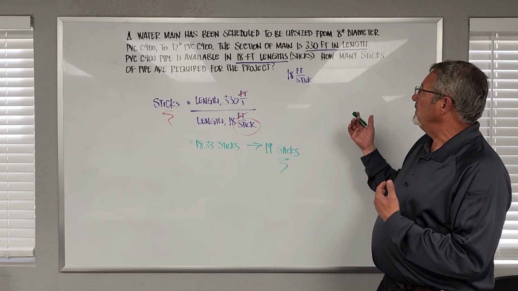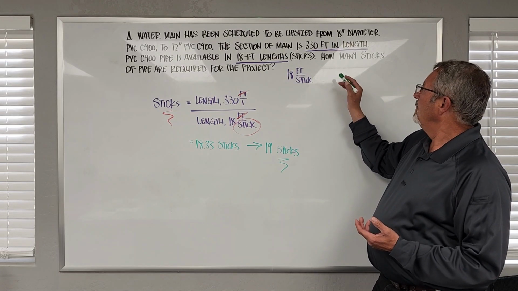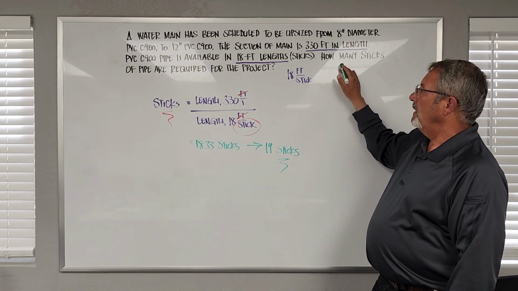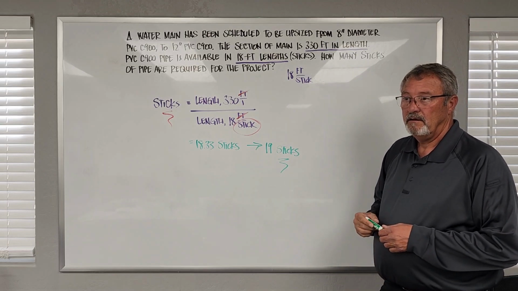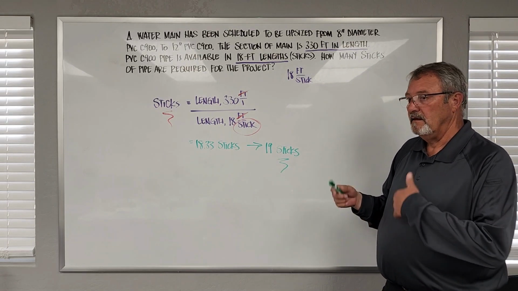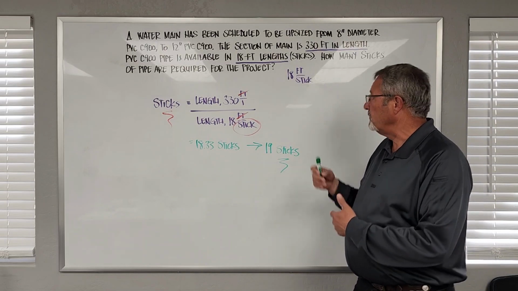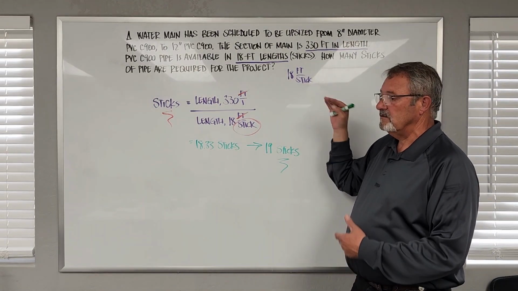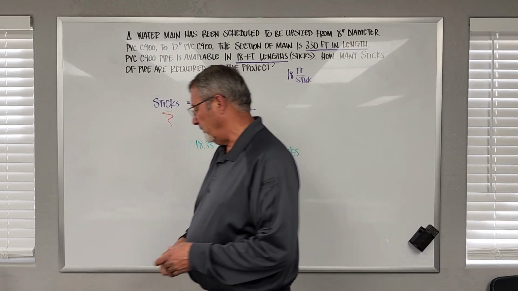That question might be, how many feet of pipe? Just be very, very careful you're identifying what the question is. What is it exactly that they want to know from you?